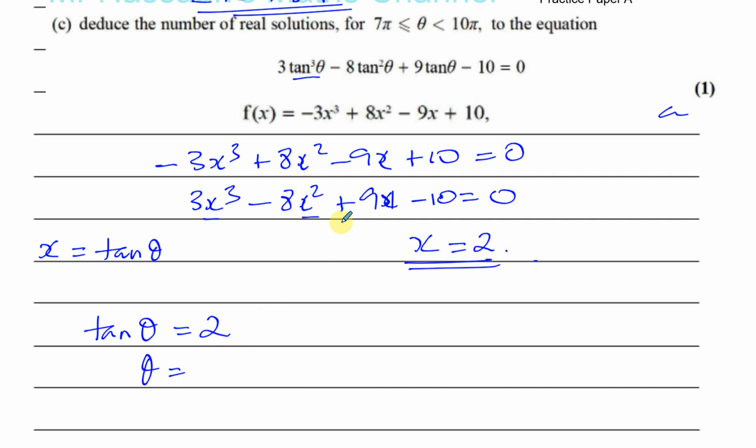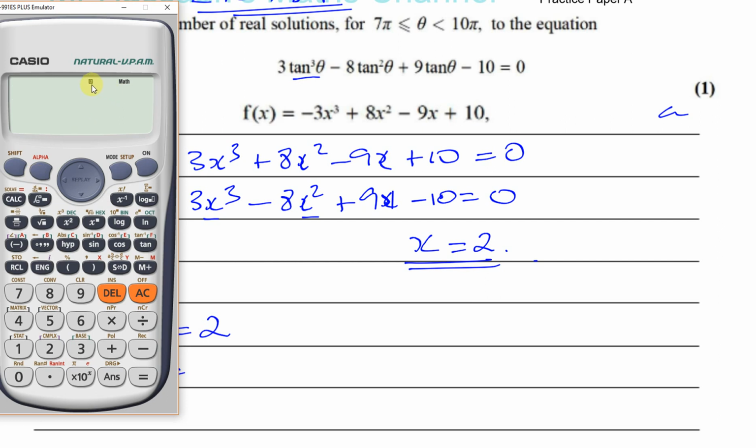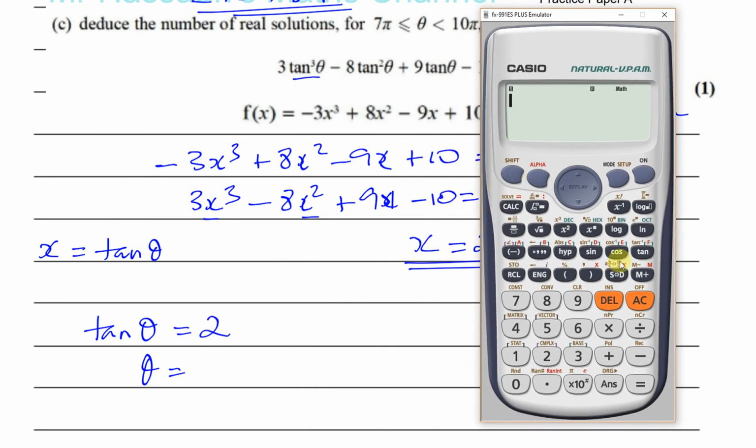So we're going to use radians. I'm going to take my calculator and make sure it's in radian mode, which it isn't. So I'll shift mode 4. And then I'm going to press inverse tan of 2. And I'll get 1.1071.